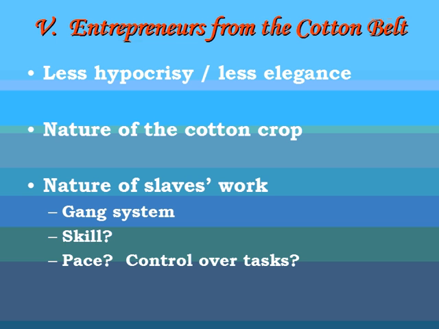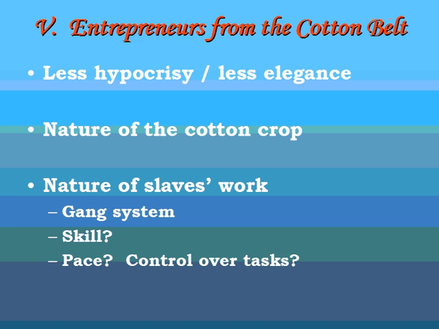It's going to be quite demanding on cotton plantations, and the nature of the slaves' work is going to change. Most cotton plantations were organized into a gang system where different groups of slaves had a task to accomplish. The skill level of what they're doing is pretty low, and the pace is quick. The slaves don't have a whole lot of control over what they're doing.